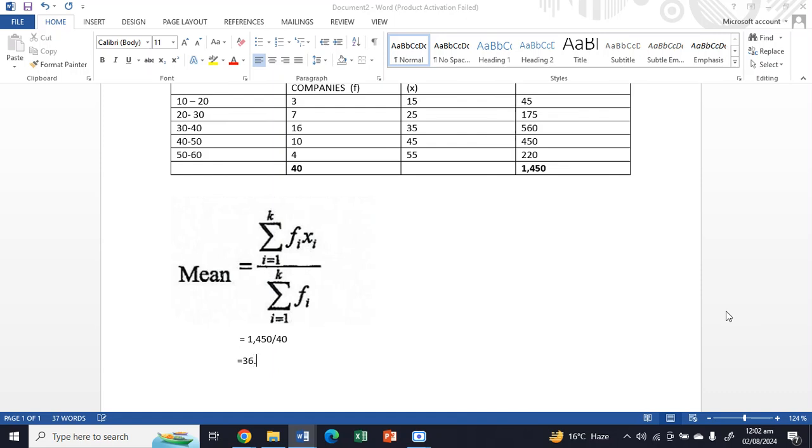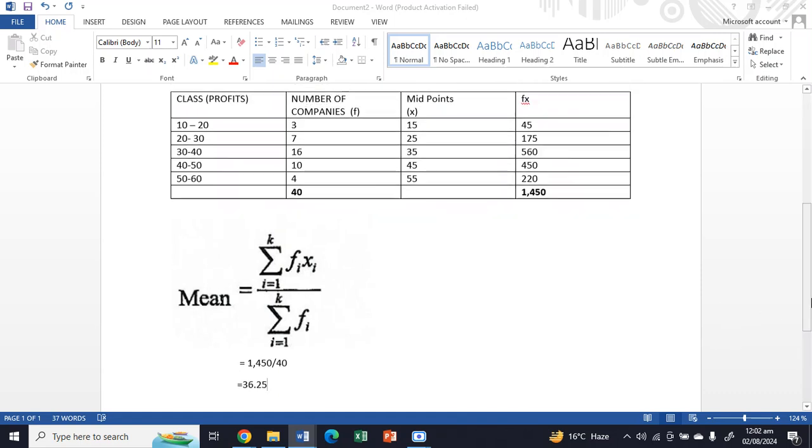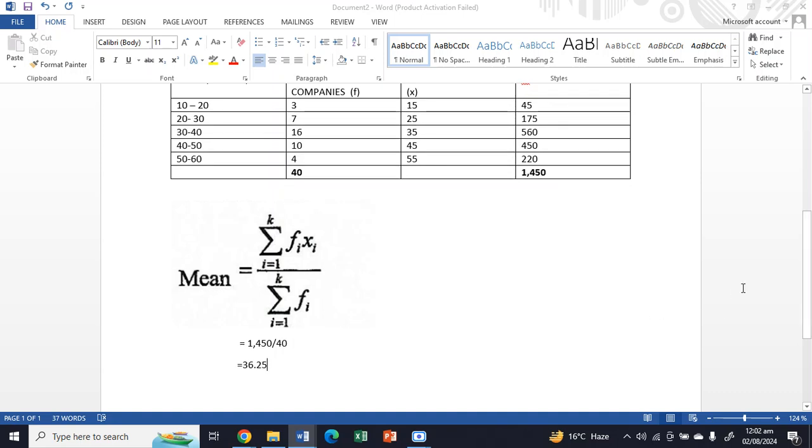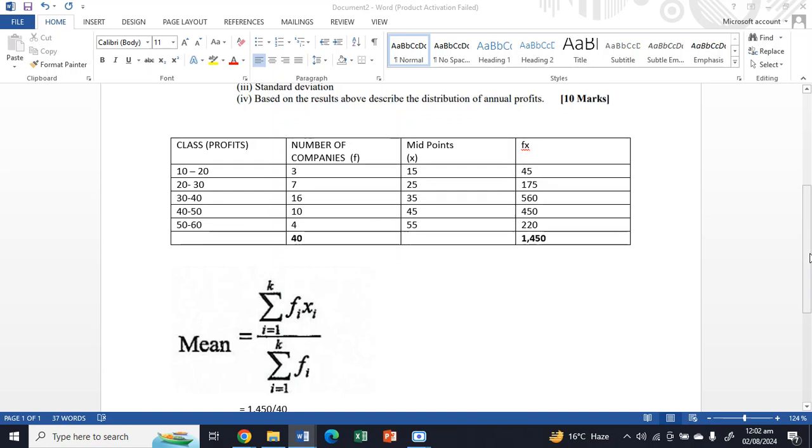This is the average profit. I think it's in dollars, I don't know if it was in kwacha. Yes, that's 36.25. Any questions?